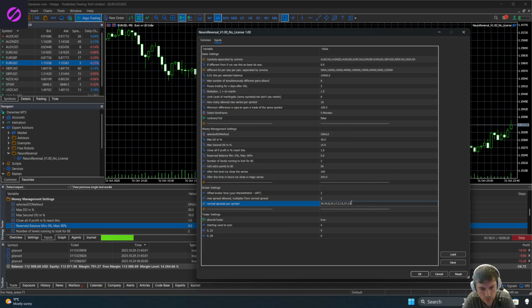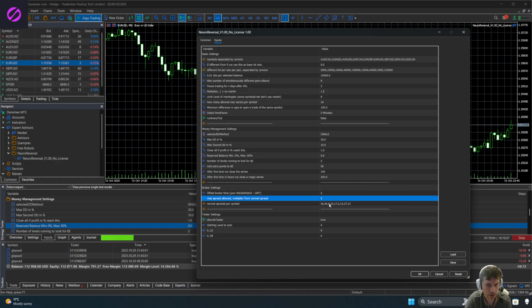Even if you have better spreads, you can leave it like that. And this is a multiplier of the spreads. What this means, for Audcad, if a normal spread is 26 points, we multiply this by 2. That means that if we have a spread over 52 points, we will not be able to open a trade.